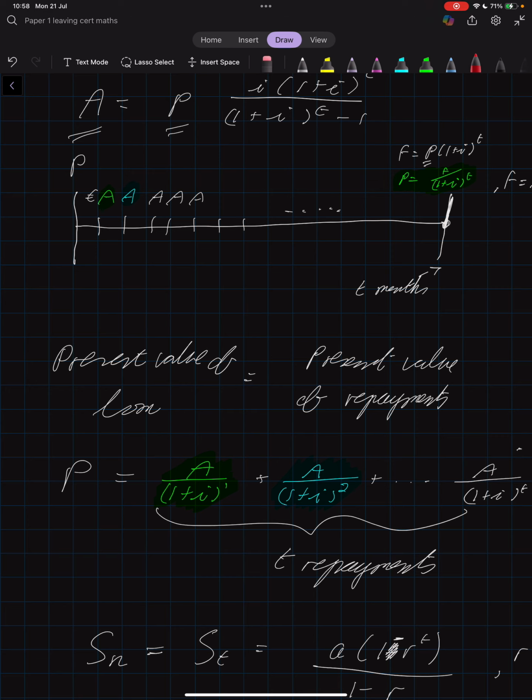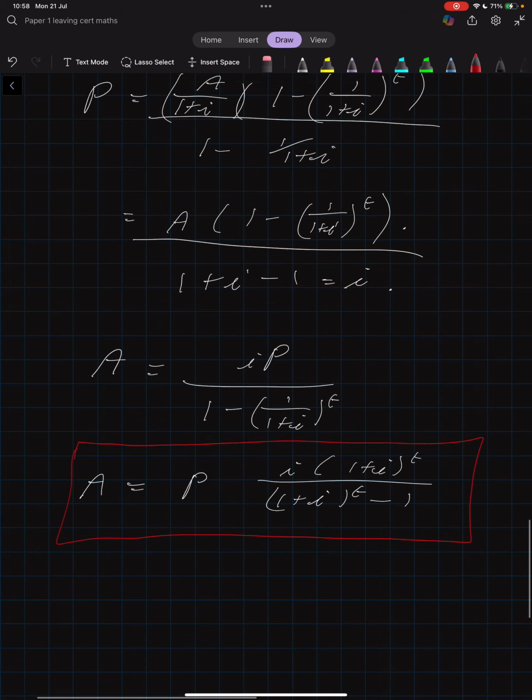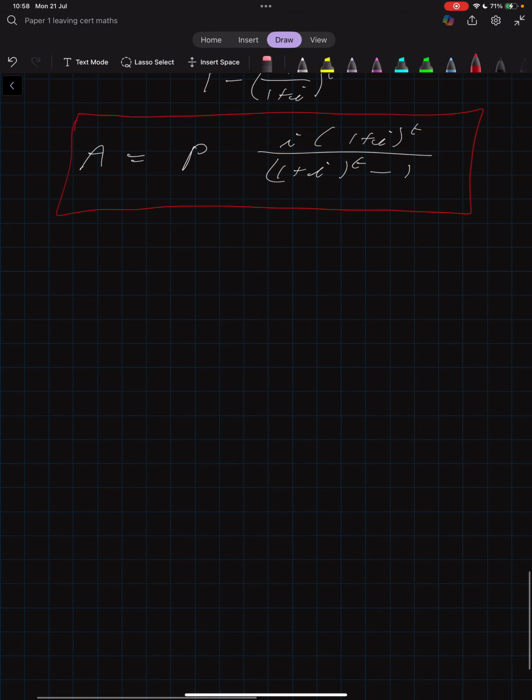Now I'll just do a couple of examples, and then I think we can leave it there for today, for this topic of financial maths. So we're going to use this formula now. You take out a loan of 60,000.